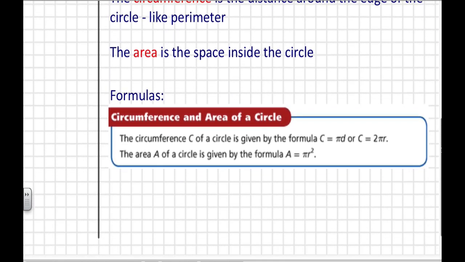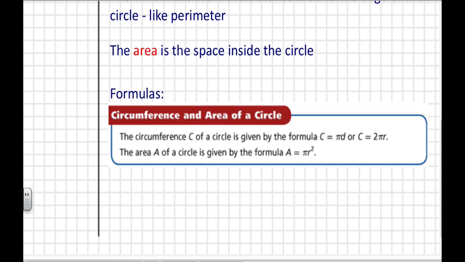Alright, so the formulas that we're going to use for a circle: the circumference, which we represent using C. The circumference C of a circle is given by the formula C equals pi times d, or C equals 2 pi times r, or 2 pi r. Now pi, remember, is this special ratio.